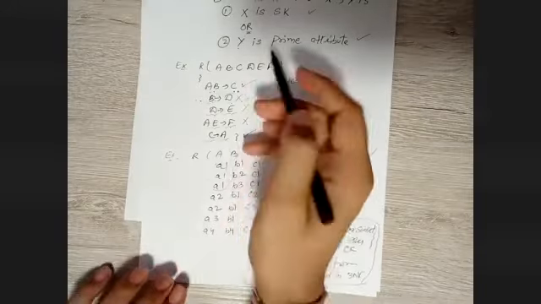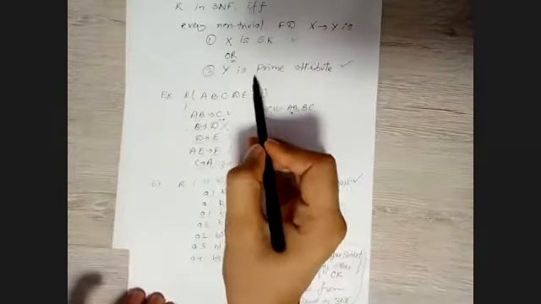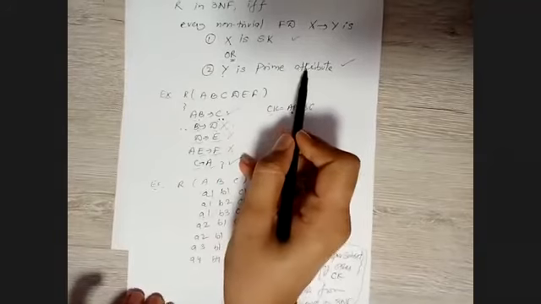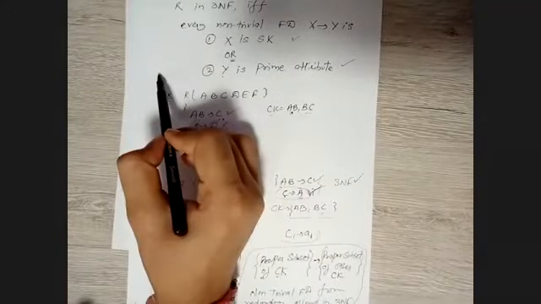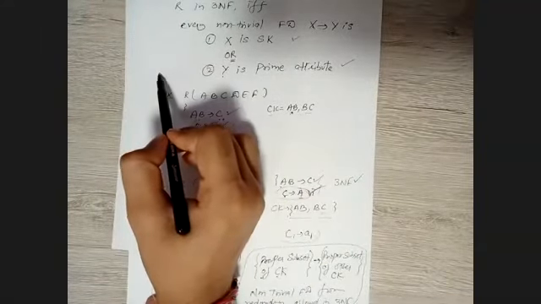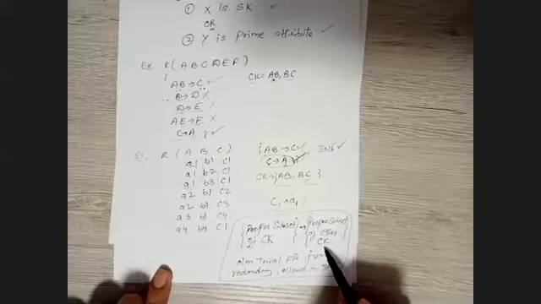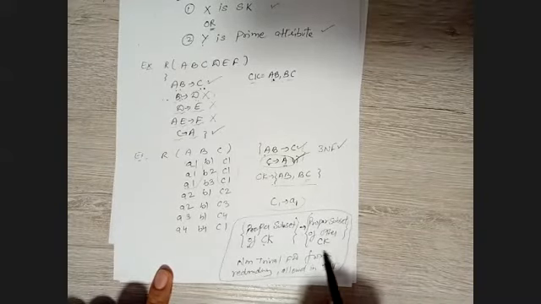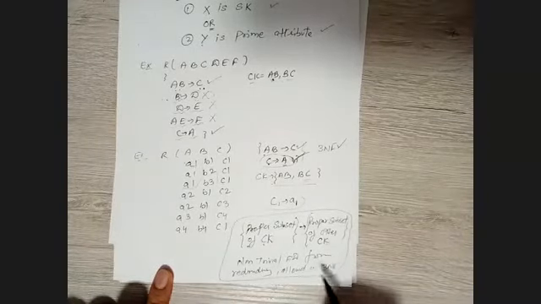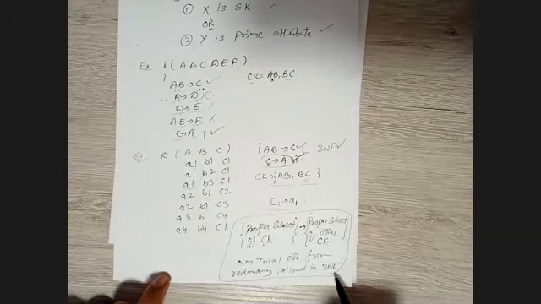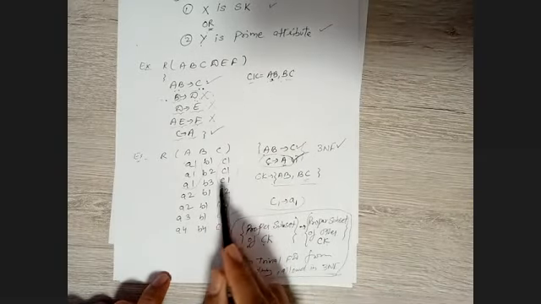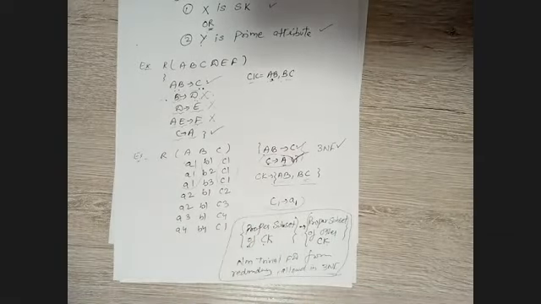Understood. So when I said Y is a prime attribute, in case I find X as a proper subset of a candidate key and Y being a prime attribute, it is obviously a proper subset of another candidate key, right? So such non-trivial functional dependencies are allowed in 3NF and redundancies still exist in 3NF, right?